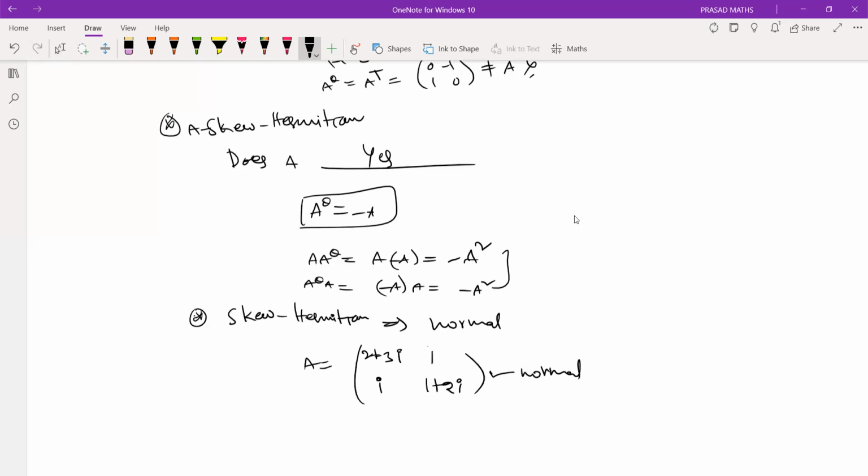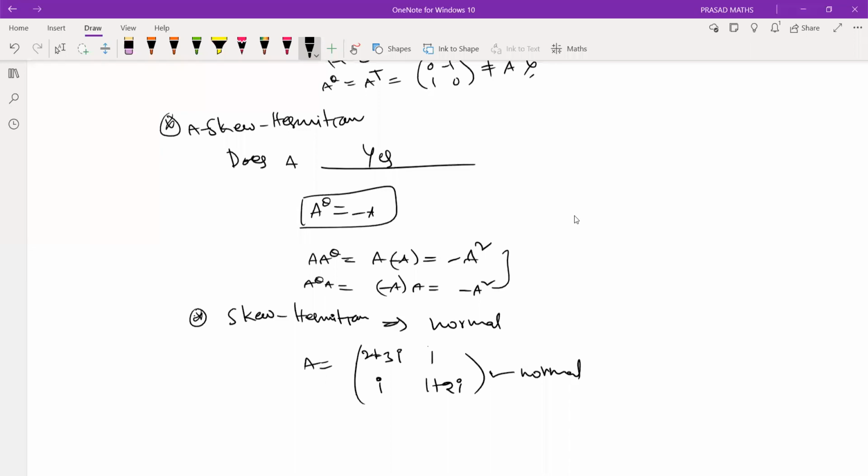Now tell me, is it skew Hermitian? No, because for skew Hermitian the diagonal elements should be purely imaginary or 0.